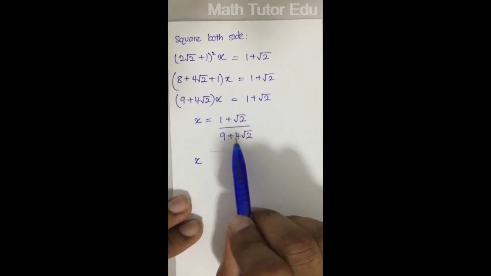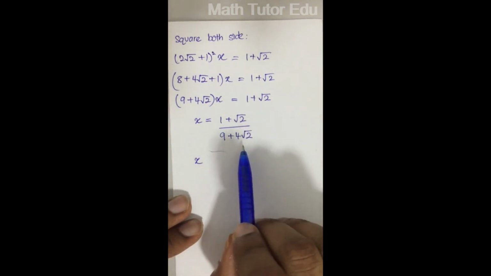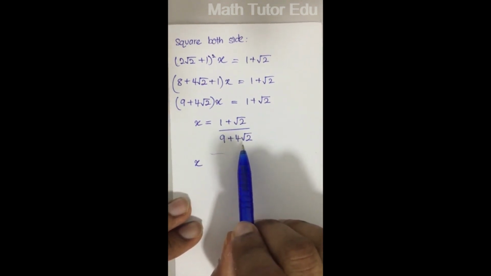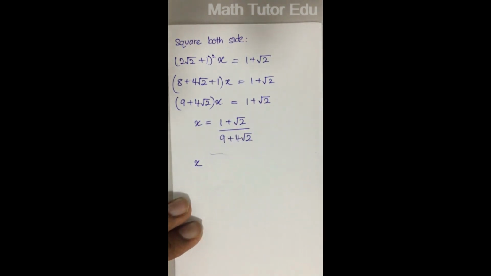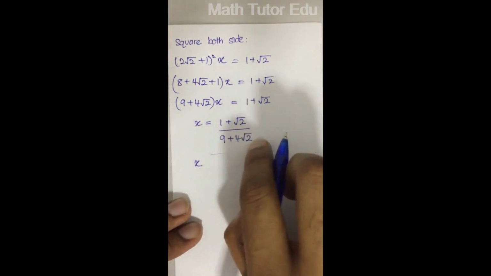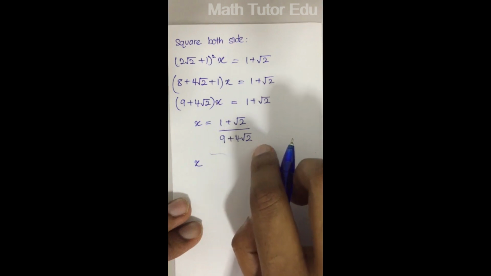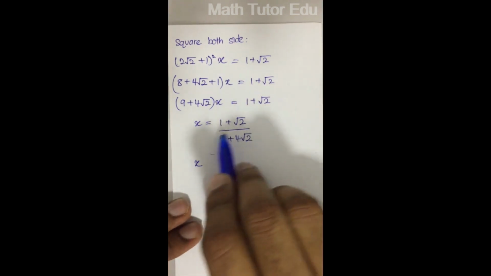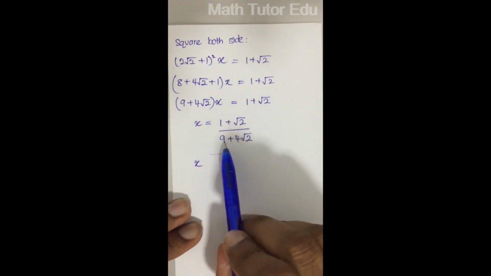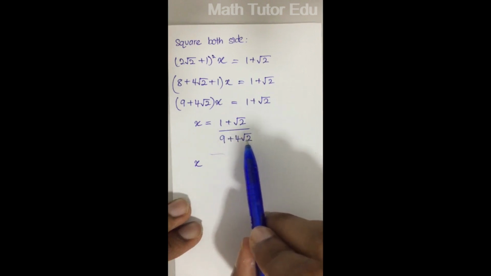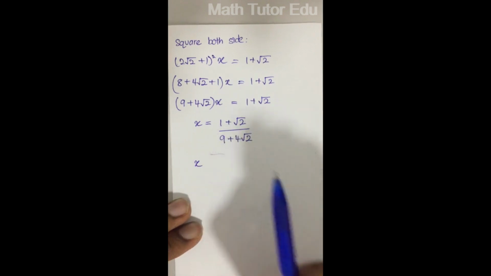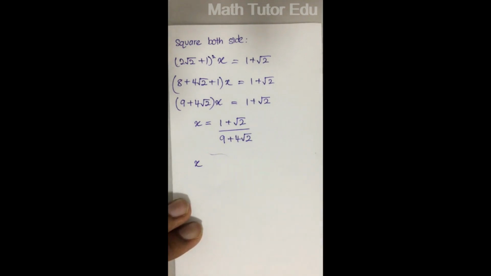But this is not your final answer, guys, because you still need to conjugate your denominator. Because we don't want to have a surd in our denominator, guys. We try to have a whole number. So how to get the whole number in our denominator? We times with the conjugate of this expression. So 9 plus 4 surd 2, the conjugate of this expression will be 9 minus 4 surd 2.